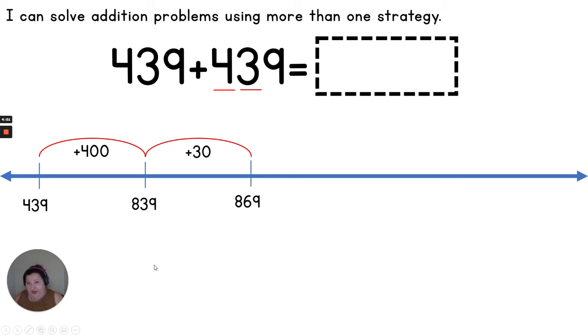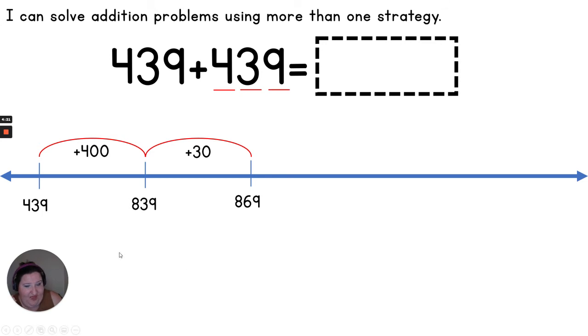Okay, we've taken care of the hundreds. We've taken care of the tens. Now let's look at our ones. We have 9 ones. I noticed we have 869. 9 ones is really close to 10. In fact, it's only 1 away.